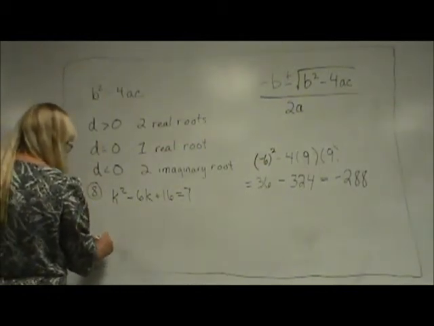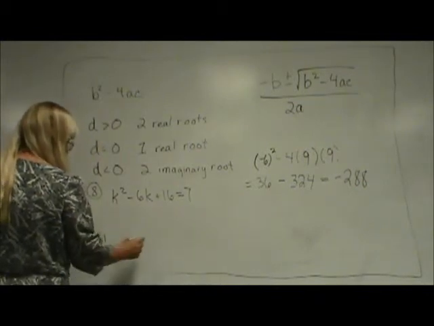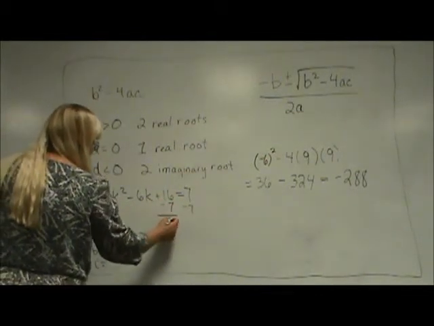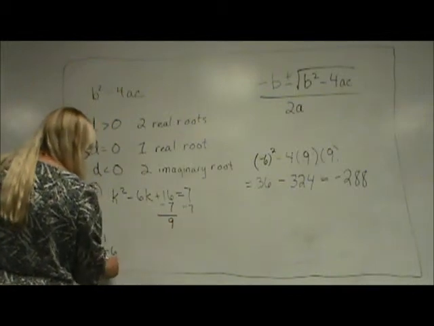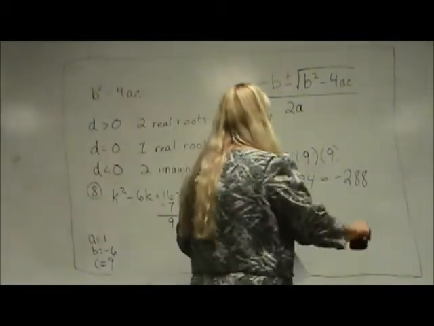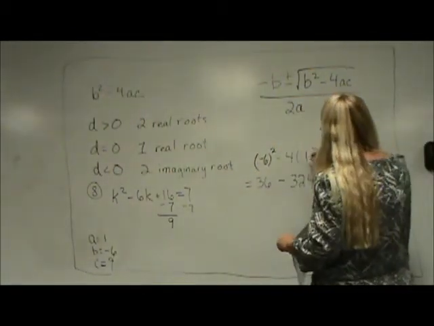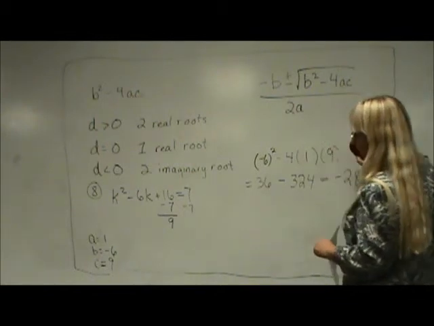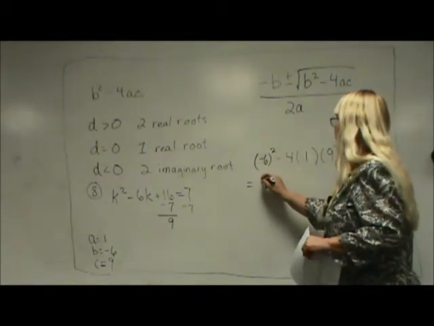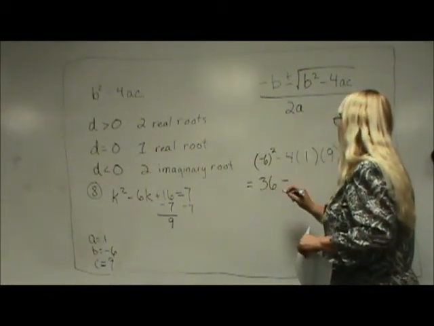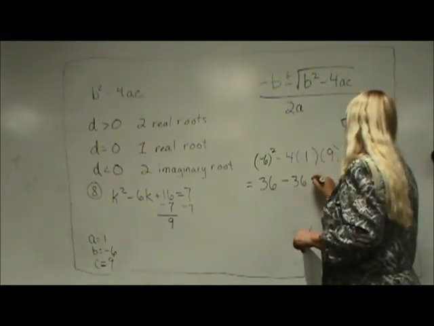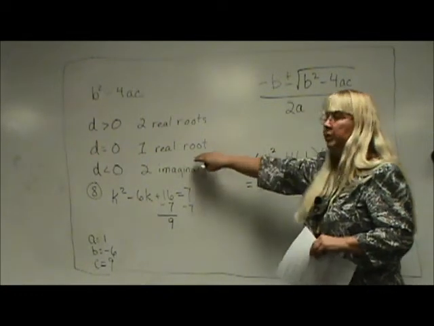And A is 1, B is negative 6, and I need to subtract 7 from both sides, which will give me 9 for C. And I have 36 minus, look at that, 36 equals 0. So I have one real root.